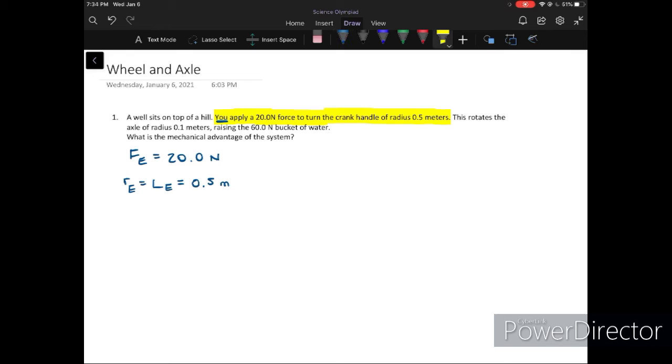Looking at the next statement, this rotates the axle of 0.1 meters, raising the 60 Newton bucket of water.